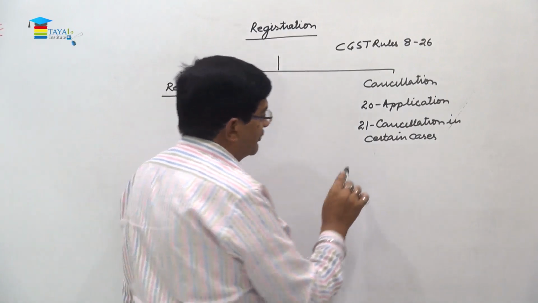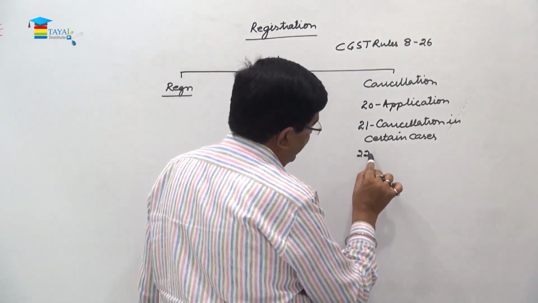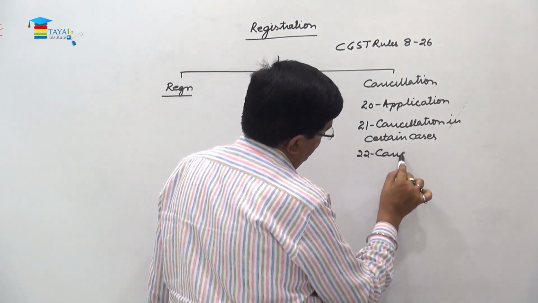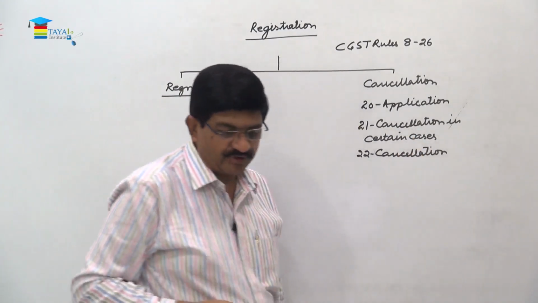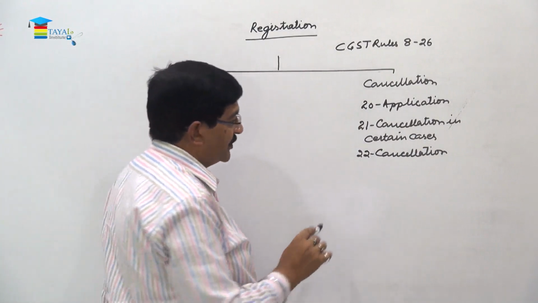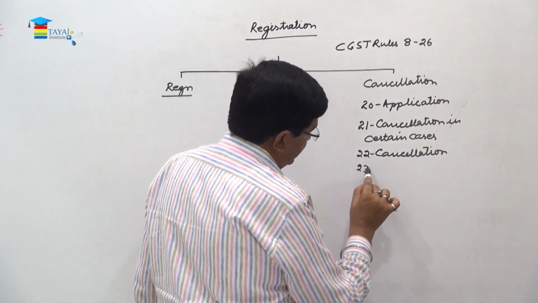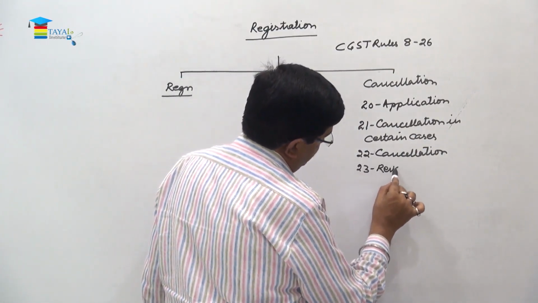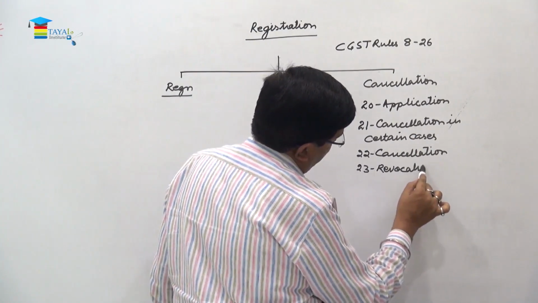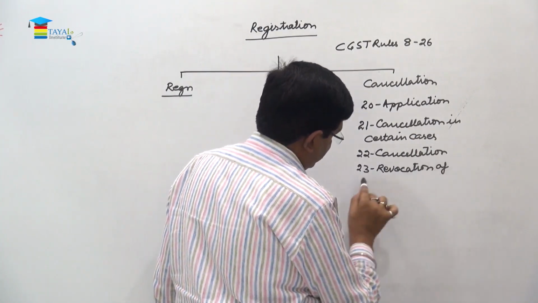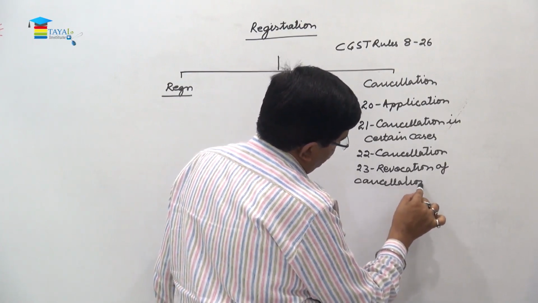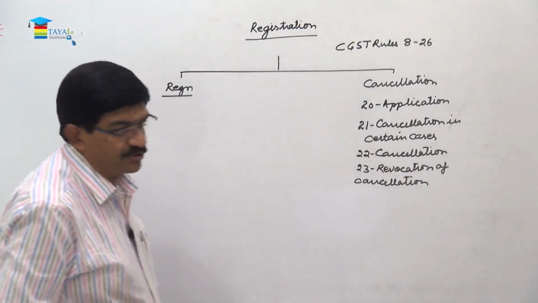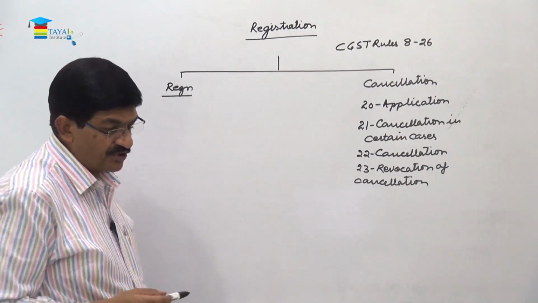And rule number 22, this talks about cancellation, that how and when the cancellation takes effect. And rule number 23, this talks about revocation of cancellation. So these are four rules which are related to cancellation of registration.